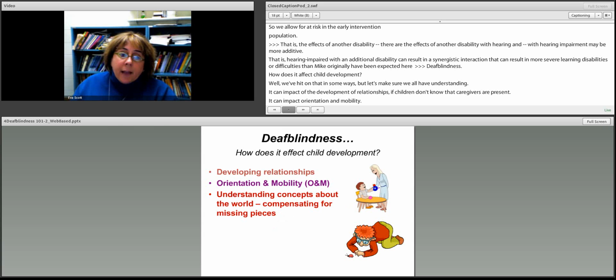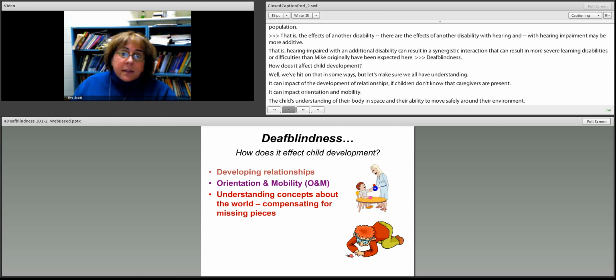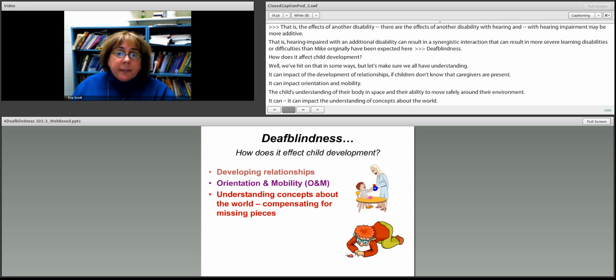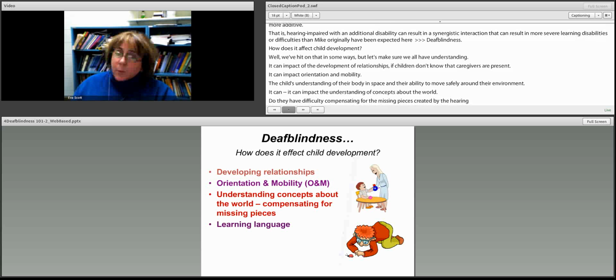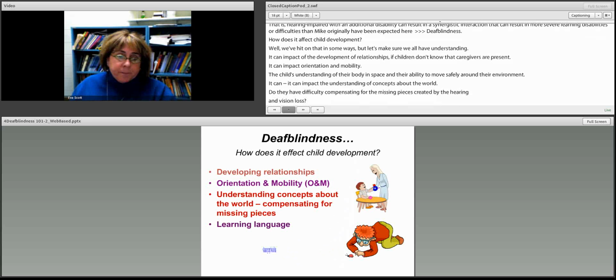It can impact the understanding of concepts about the world. Can they, or do they have difficulty, compensating for the missing pieces created by the hearing and vision loss? It can impact the learning or acquisition of language.